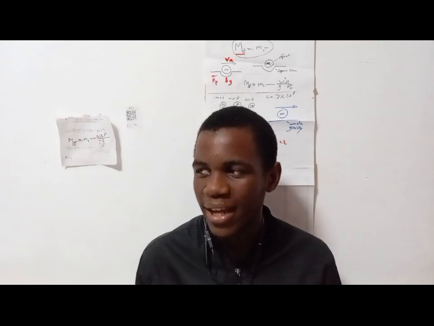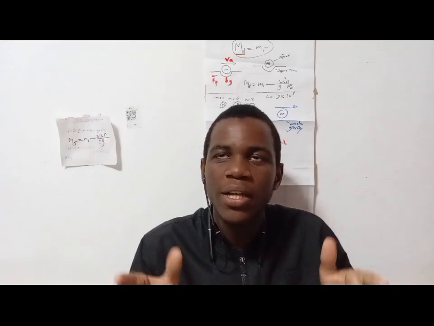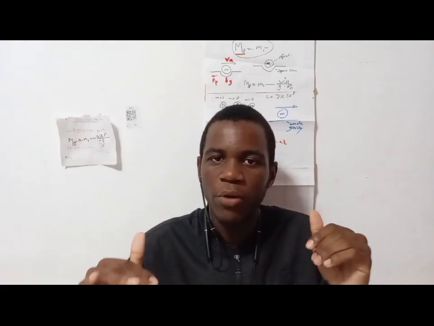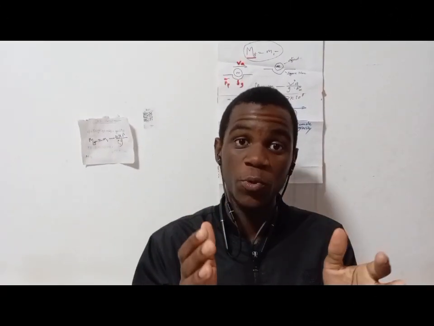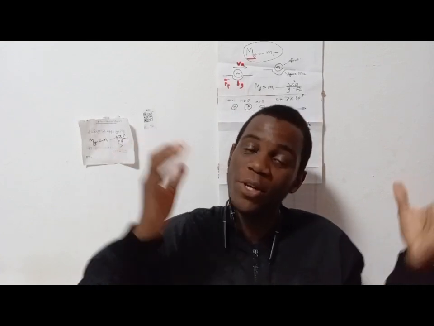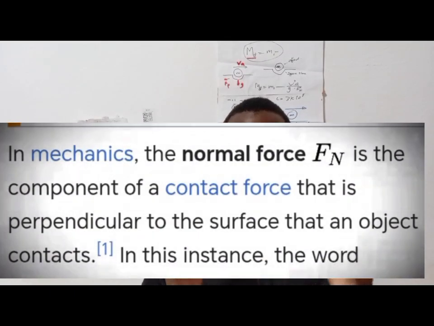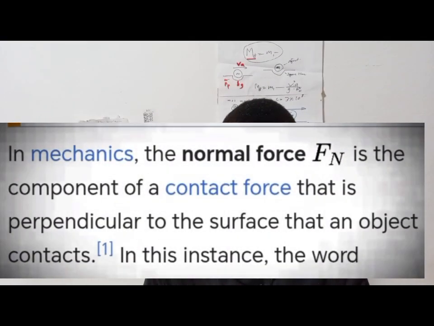So according to modern science, the normal force is basically just a force that is equal to that of gravity. According to the actual scientific definition, or on Wikipedia, when you search up what the normal force is, you get that the normal force is the component of the contact force that is perpendicular to the surface at the object's contact.